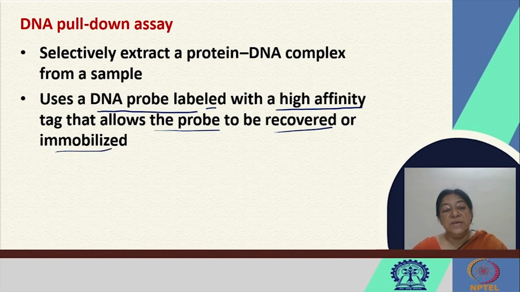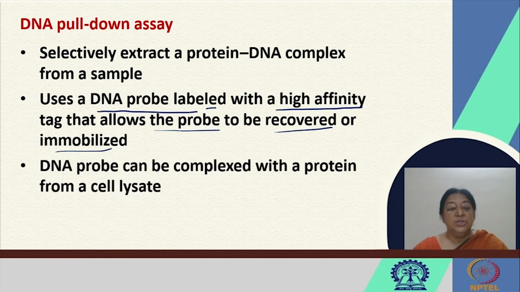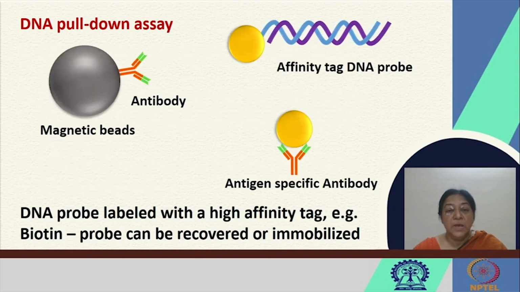There are several ways that this tag can be labeled and associated with the protein that is going to bind the DNA of choice. So the DNA probe can then be complexed with the protein from a cell lysate and the protein that binds to the DNA extracted in the process.